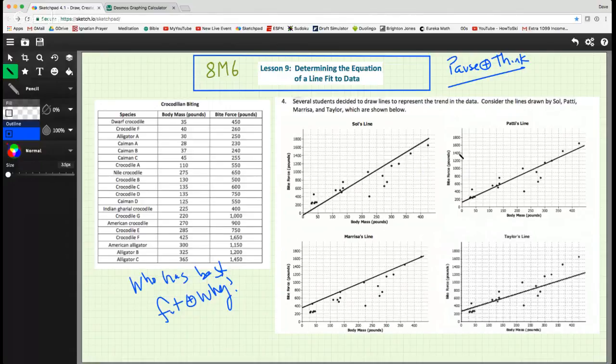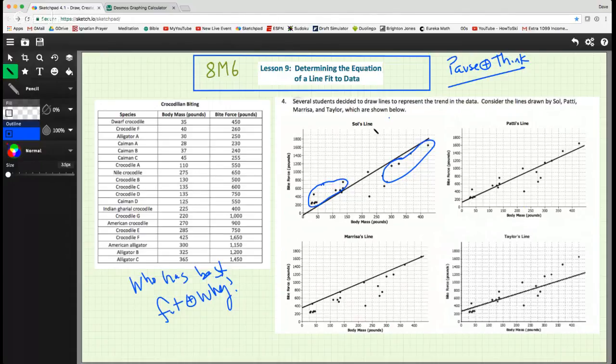Let's start with Saul, and I want to circle something about Saul's data. Look at what he's done for the low values, and look at what he's done for the high values. Do we think he has a good fit?